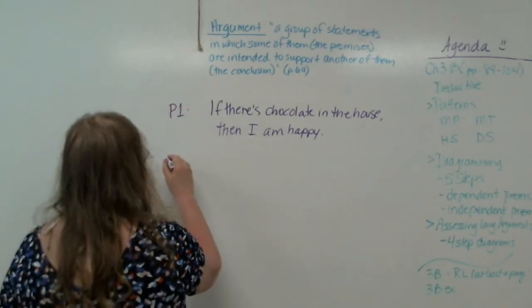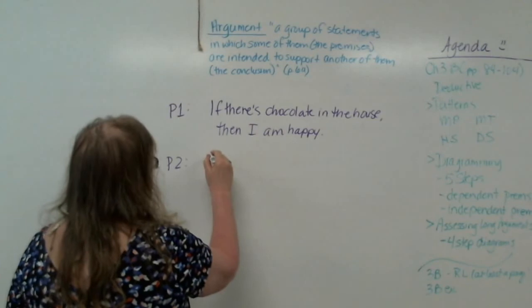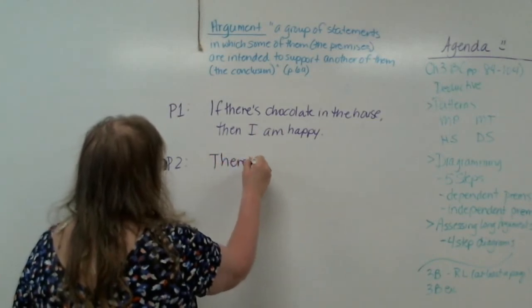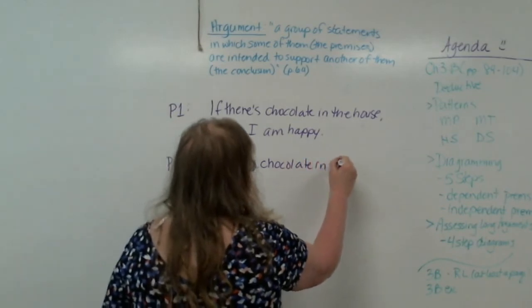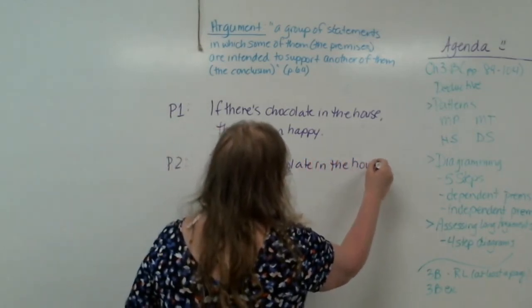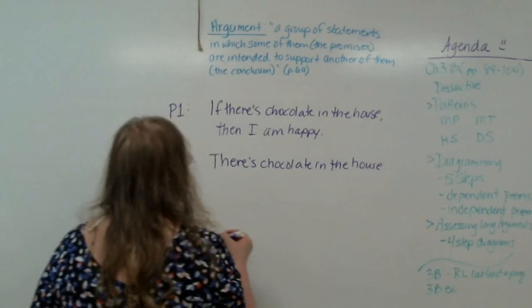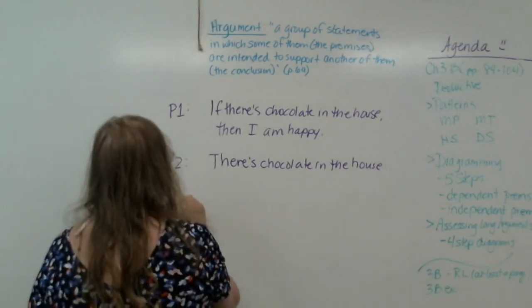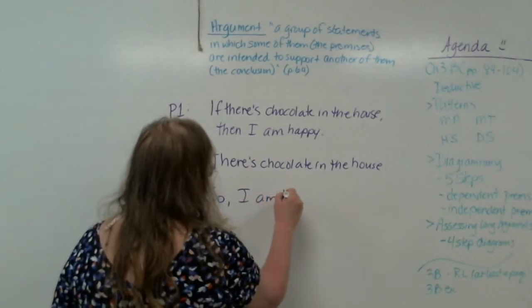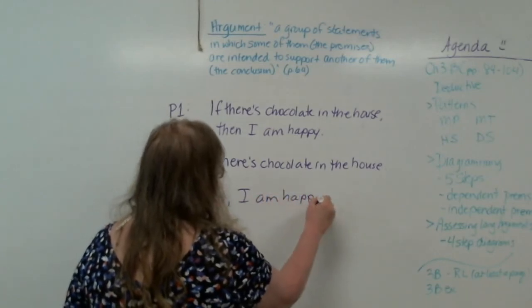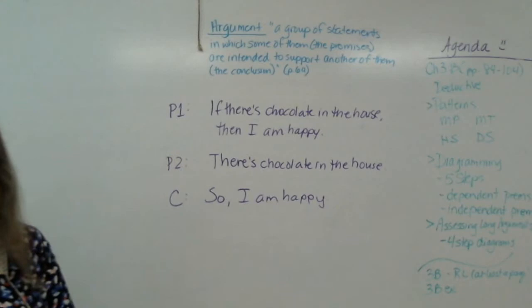My second premise, there's chocolate in the house. My husband's very good at making sure there's always chocolate in the house. And then my conclusion, so I am happy. That's my little argument.